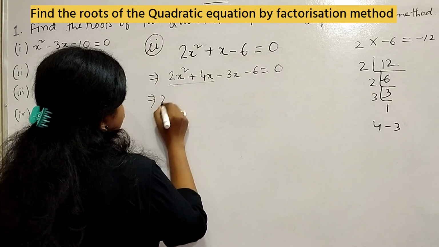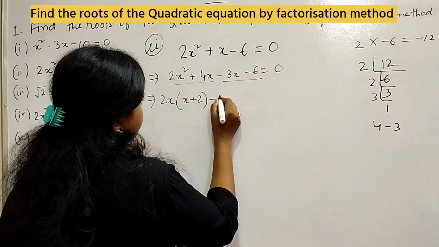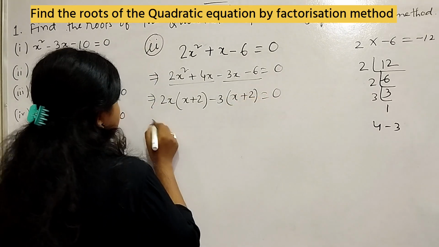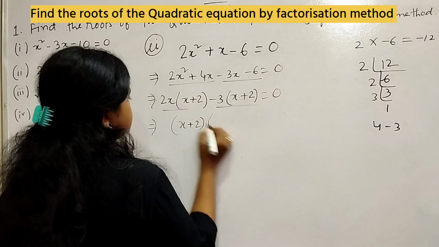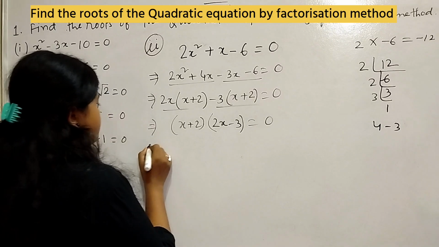From these two terms we will get 2x into x plus 2, and from these two terms minus 3 into x plus 2 equals to 0. So x plus 2 is common from these terms, and remaining is 2x minus 3 equals to 0.